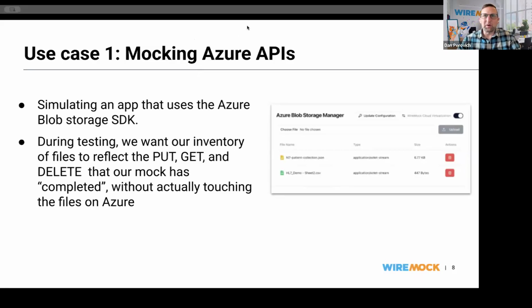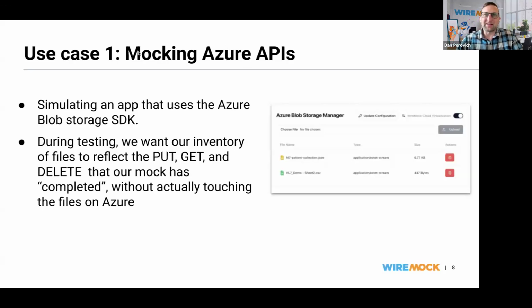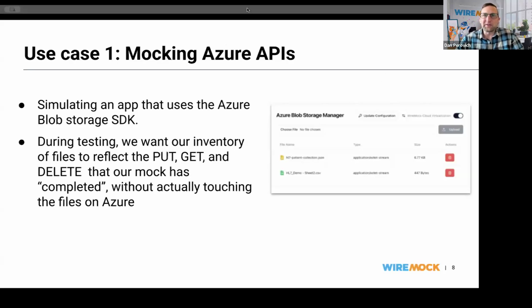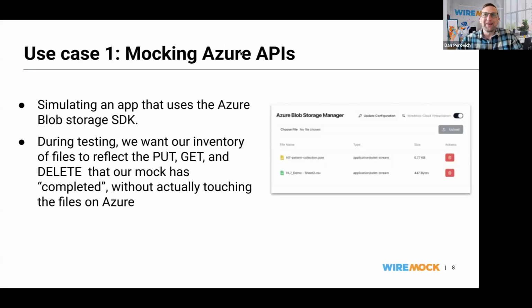But a lot of times when we're going against these cloud services like blob storage or even SQS, SMS, we don't necessarily want to bite into our quotas or consume the real assets, or we want to do some load and performance testing, and we really don't want to ratchet up that spend against those endpoints, or we're fearful, with any third-party API, that we can't reach the load levels that we need.